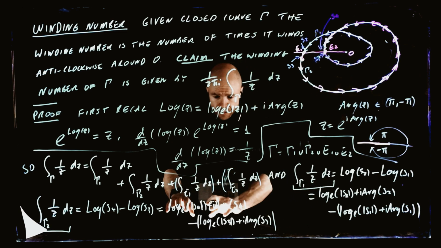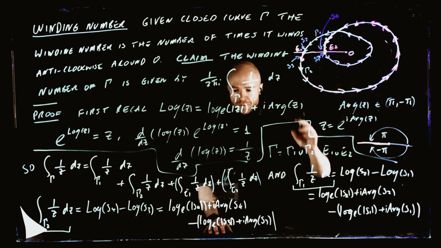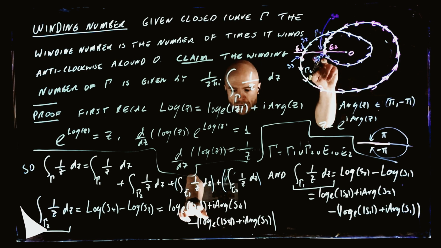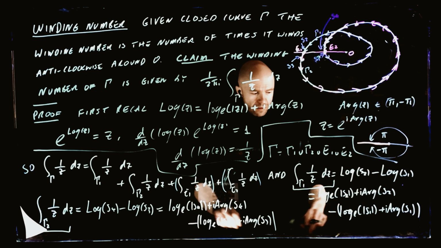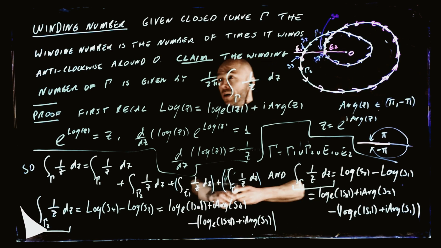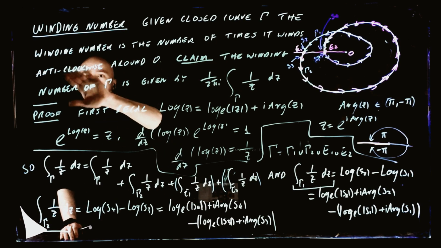So let's see why. If we add this to this, what do we know? We know that the absolute value of S4 is very close to the absolute value of S1. So these guys will cancel. I'm out of space. Maybe I'll put it somewhere, though.